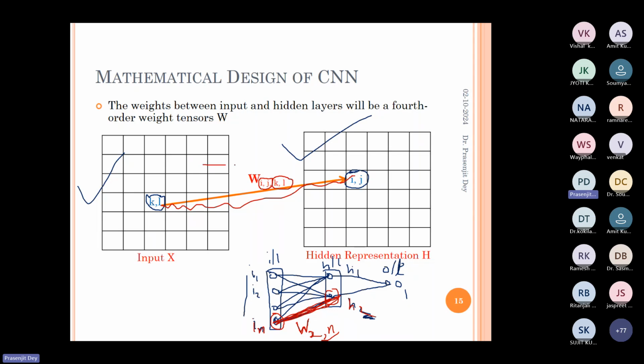For each combination, if the index of this input node is A, B, and the index of this hidden node is X, Y, then the associated weight will be represented with X, comma, Y, comma, A, comma, B. This is how we will have a set of weights connecting each input with each hidden node.